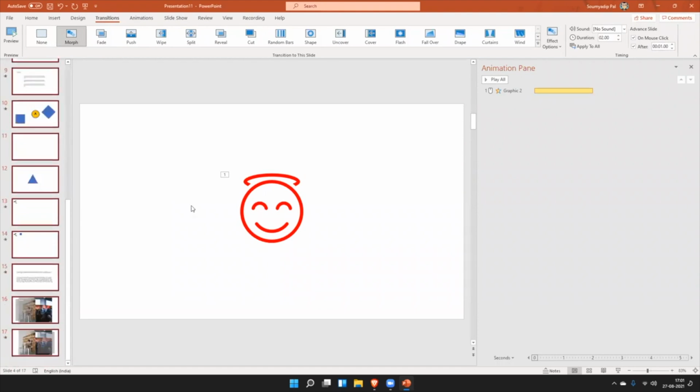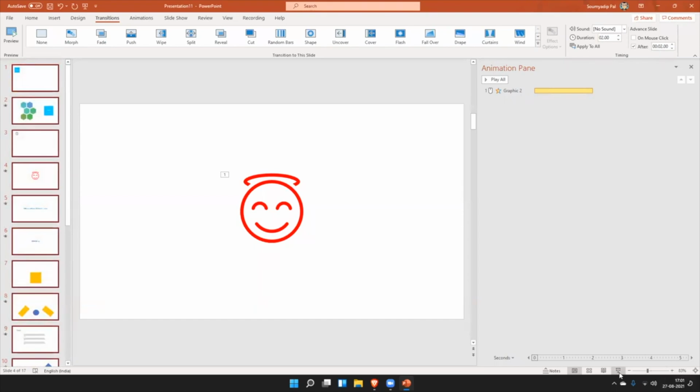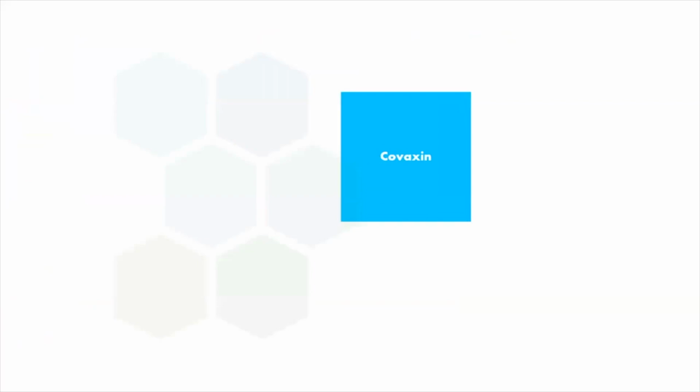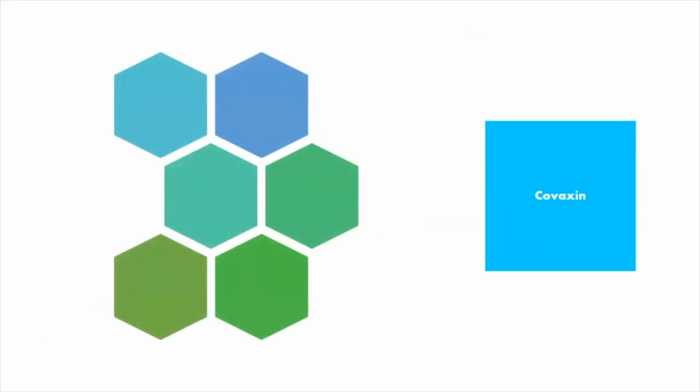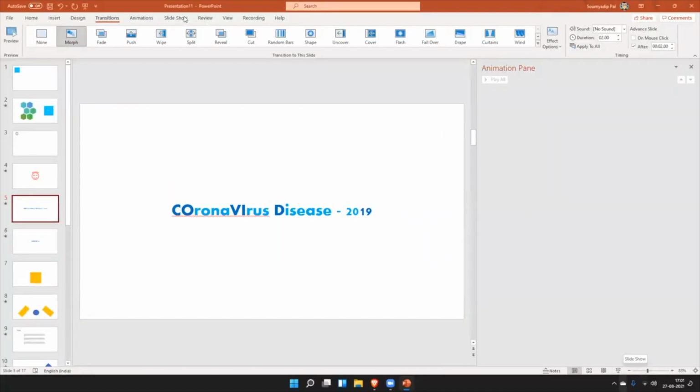Or you can select all of them and say after 2 seconds for all of them. Now you just click this, and just sit back. It will keep on transitioning one after another every 2 seconds. I'm not clicking, I'm not doing anything. It's just transitioning from one slide into another.